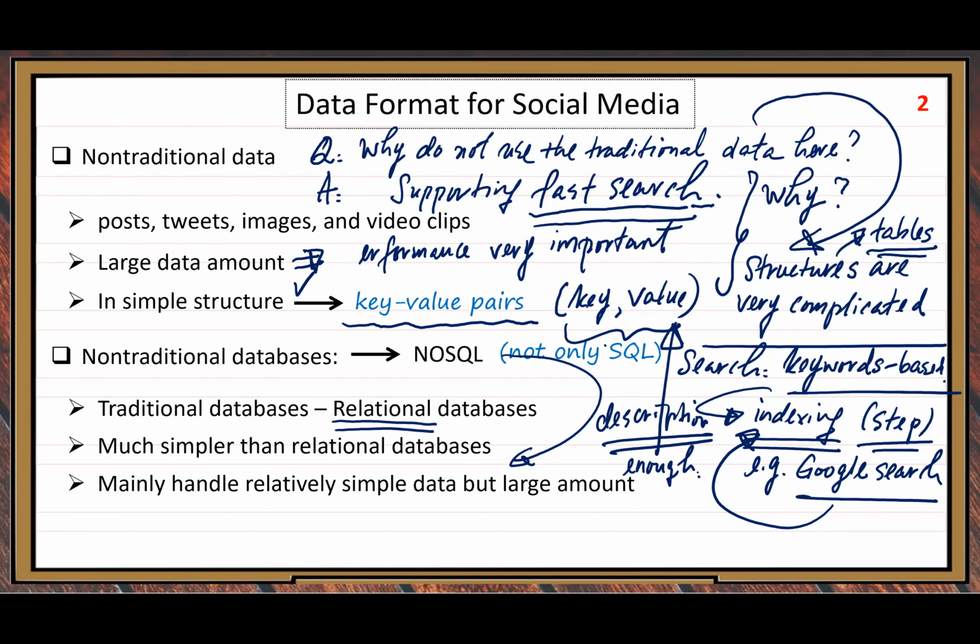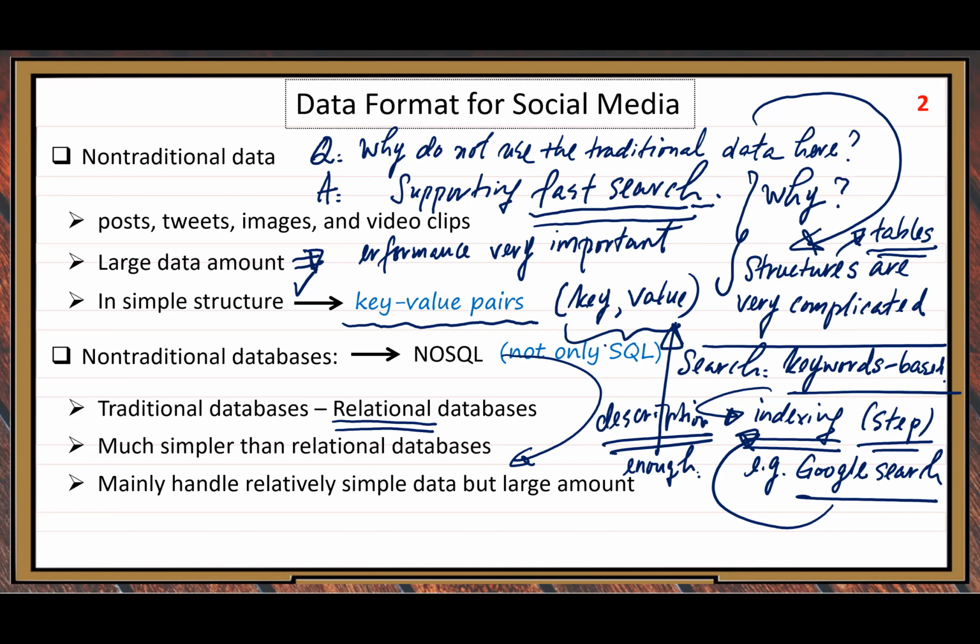Non-traditional mainly handles relatively simple data, but a large amount. It is used for the social media type of data. Other than that type of data, for everyday business world applications, it's not good. For everyday life in the business world, we need to use traditional databases.